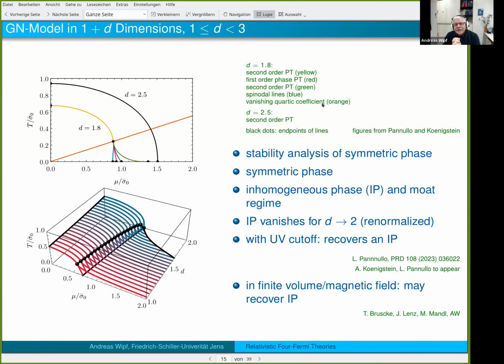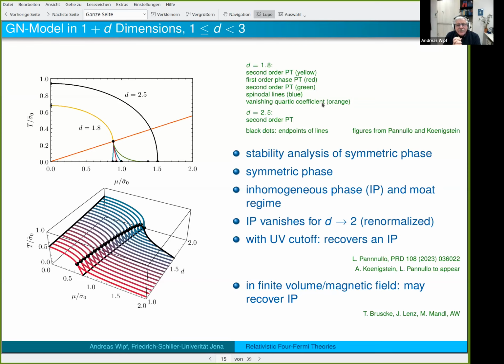And this can be studied numerically. So this is what you were asking for, you make a stability analysis. This doesn't work if you perturb the homogeneous condensate, because we know that this is not smoothly connected to the inhomogeneous phase. Okay, so that is the story in the large N_F limit. So in this effective model.